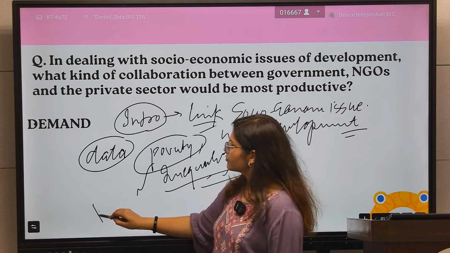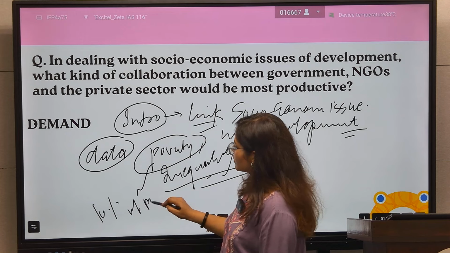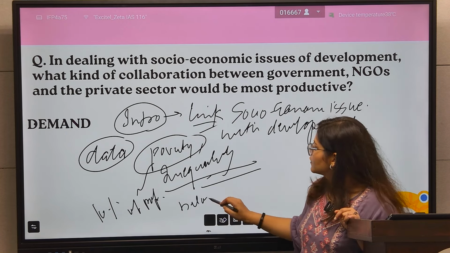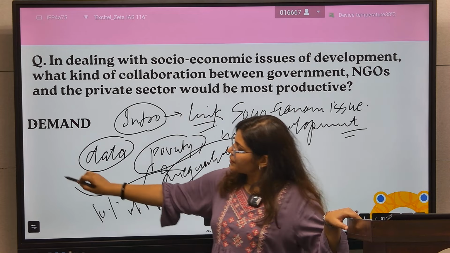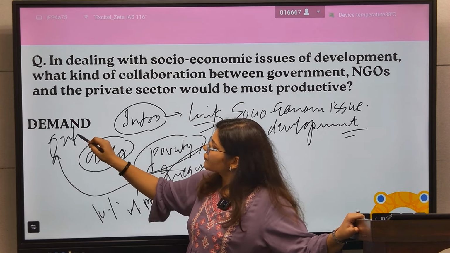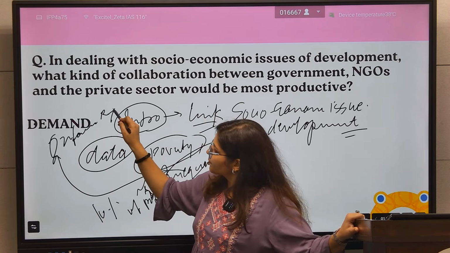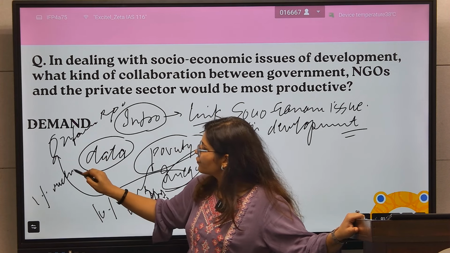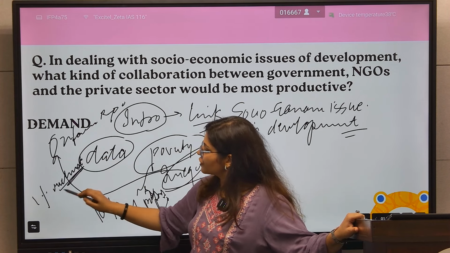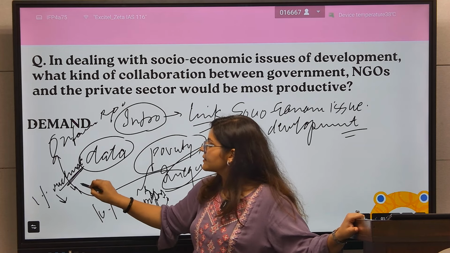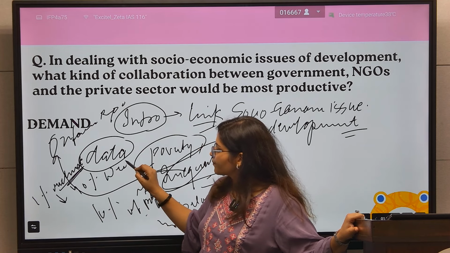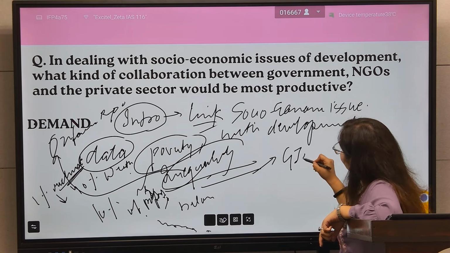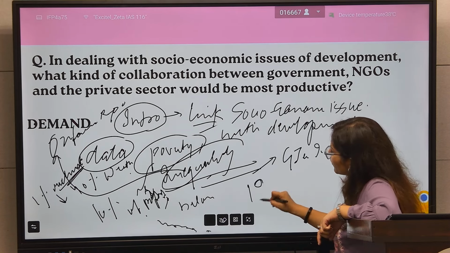So 10% of the population in India is living below the poverty line. For inequality, there is the famous Oxfam report, which says that the richest 1% contain 40% of wealth. You can also quote the gender inequality index, where our rank is 129th.